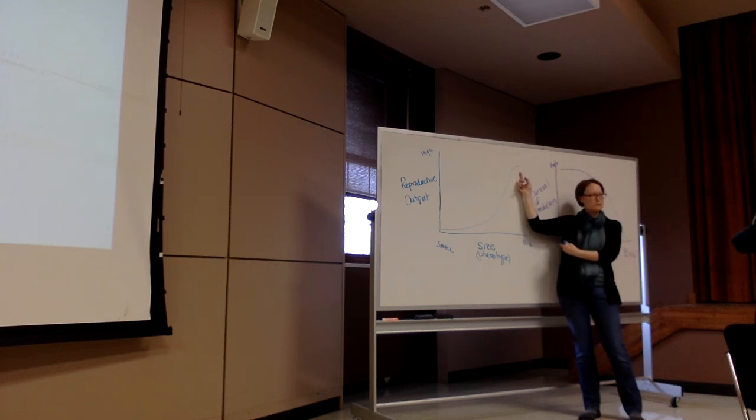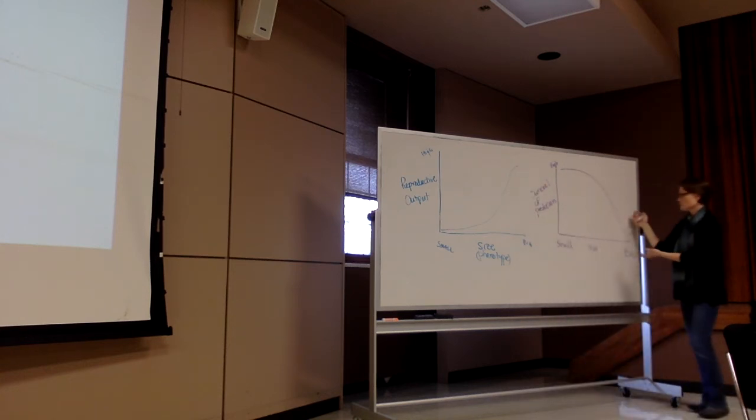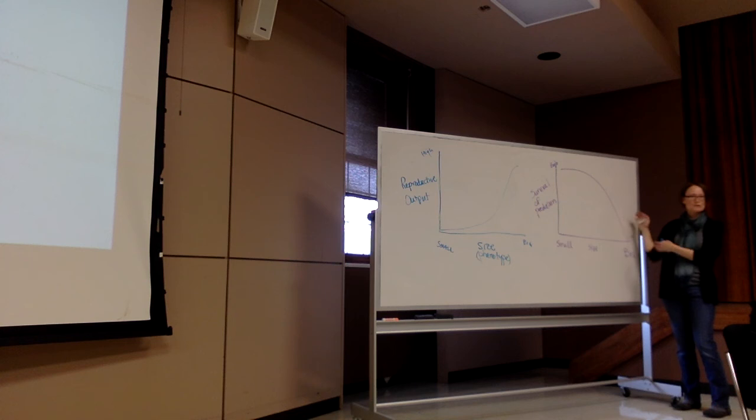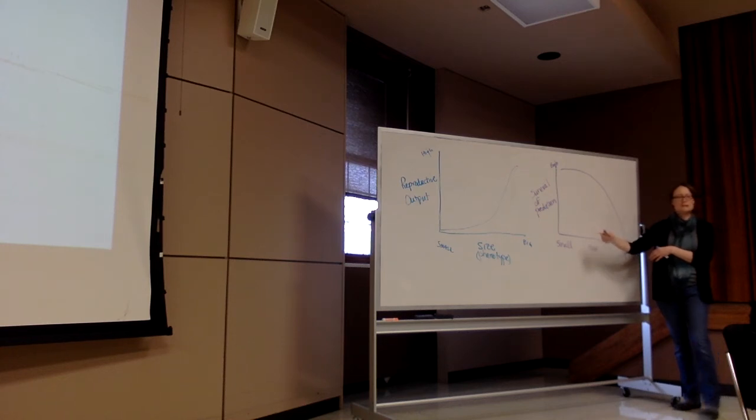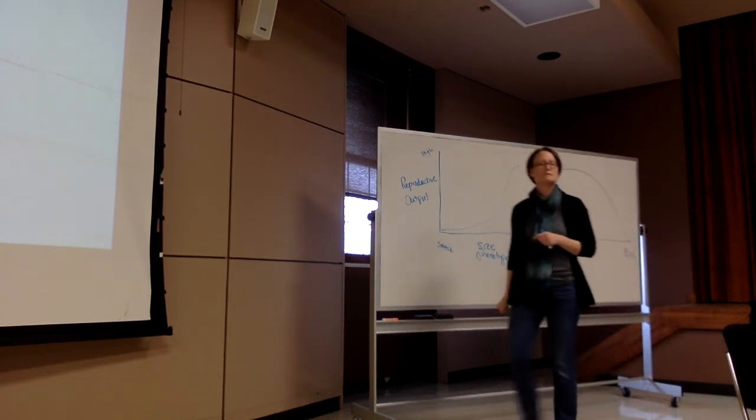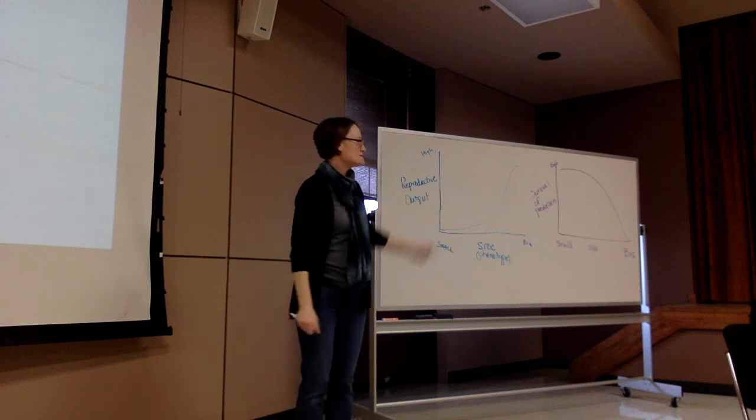So selection maybe would push you in that direction of getting big fast. But we just said that if you're big, you're going to be really noticeable and get eaten. And so selection on survival is going to push you in the other direction. Can that be? Are either of these fitness landscapes true then?